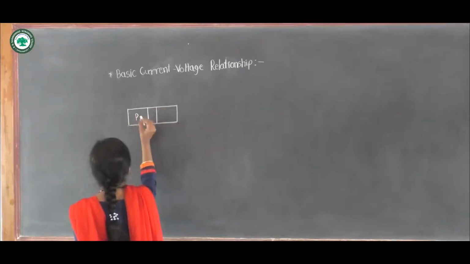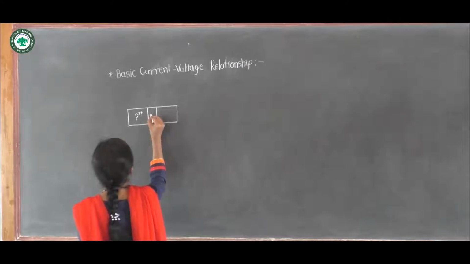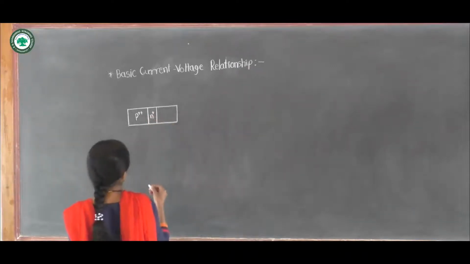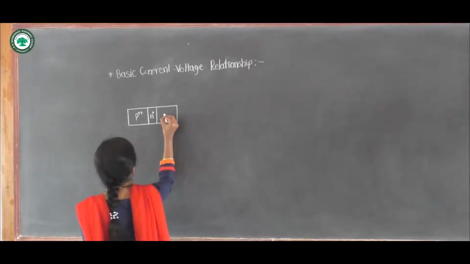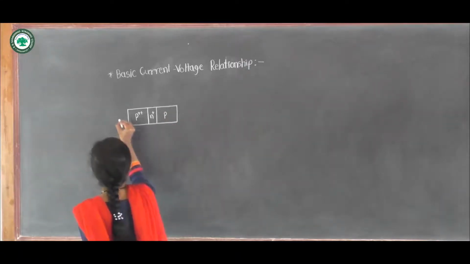This is a P region which is heavily doped, so indicated as P++. This is an N region which is moderately doped, so it is indicated as N+, and this is a P region again which is lightly doped, so it is indicated as P.